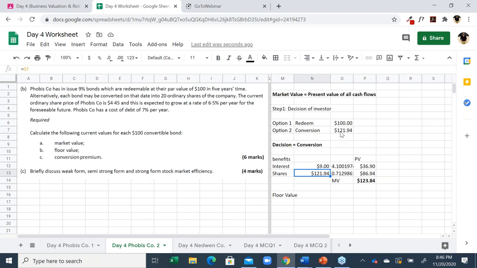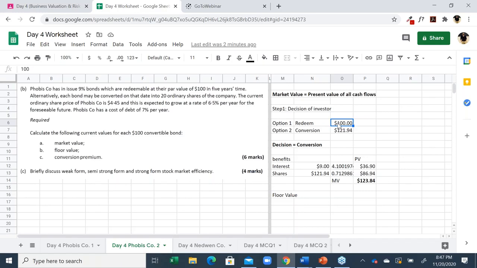But what will be the minimum that this investor will be getting after 5 years? 100, right? 100 will be the minimum that this investor is going to get. Even if the share price does not grow in the future, and even if it stays at the same level, the minimum that this investor is going to get after 5 years will be $100.